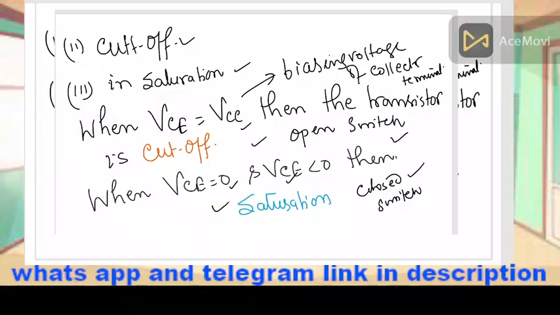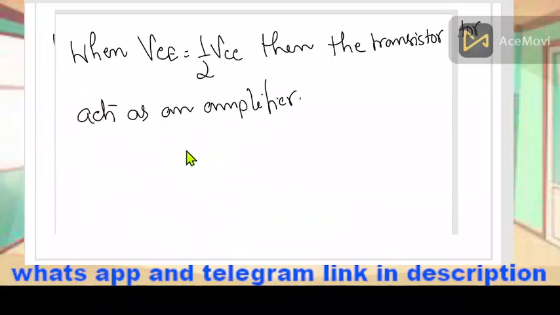Now how is the VCE used for amplification? In general, when VCE is half times the collector biasing voltage, the transistor acts as an amplifier. It can be imagined to be a situation which is a little bit strange to think, that in this case the transistor is a switch which is half on and half off.